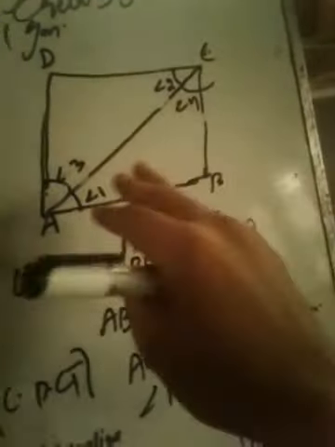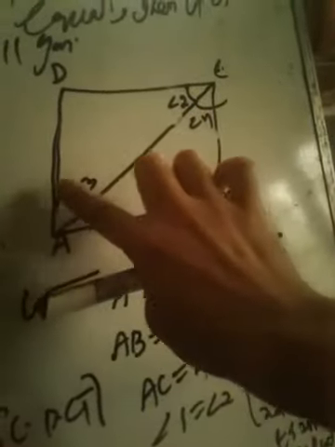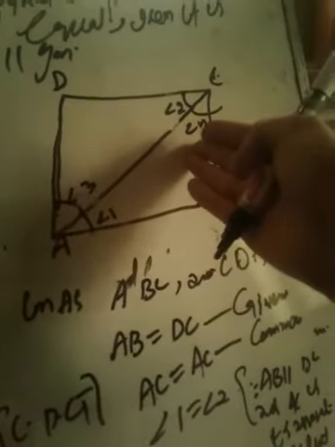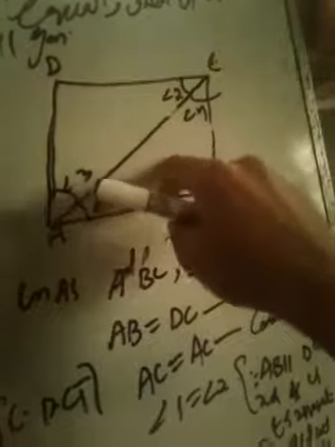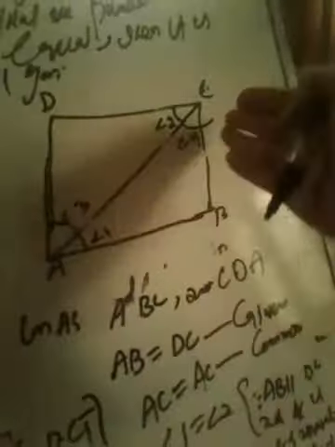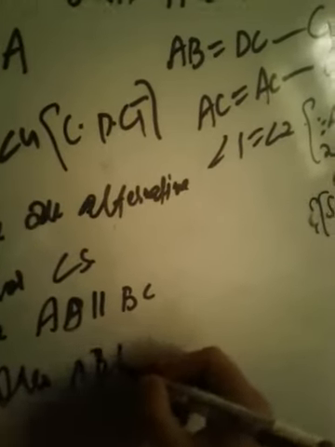I will repeat it again. This angle is equal to this angle by CPCT, but these are alternate interior angles. When alternate interior angles are equal, lines are parallel. Angle 3 equals angle 4, so BC is parallel to AD. So AD is parallel to BC, and it is also given that AB is parallel to DC.